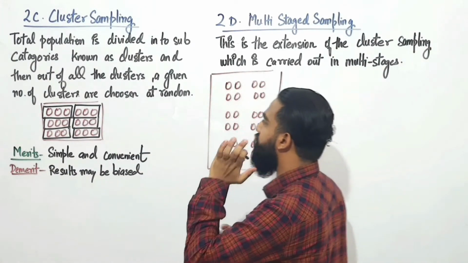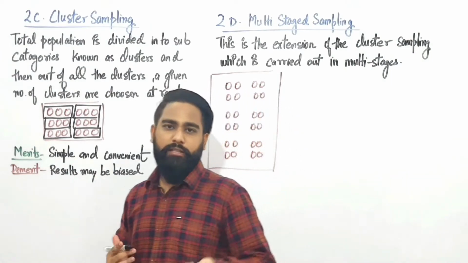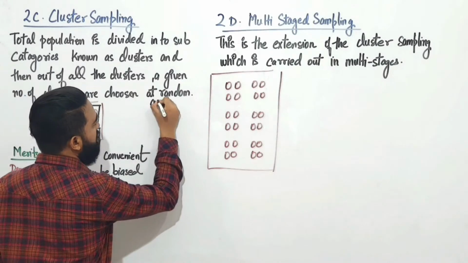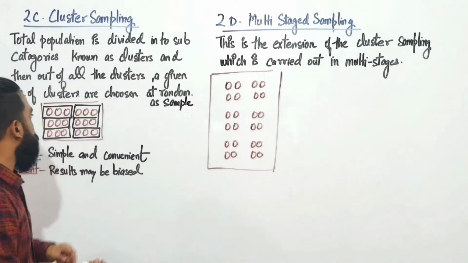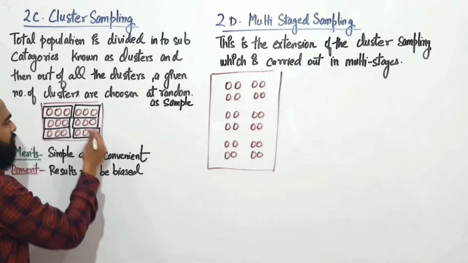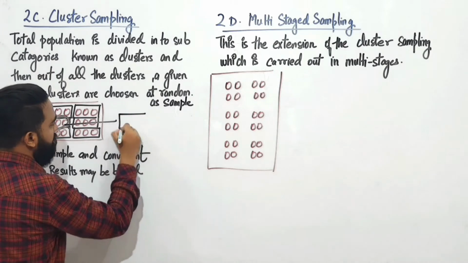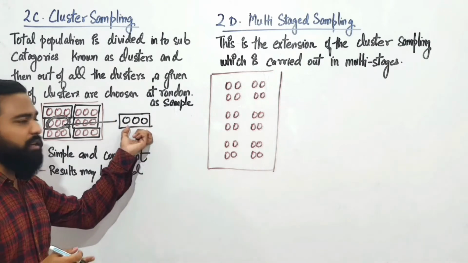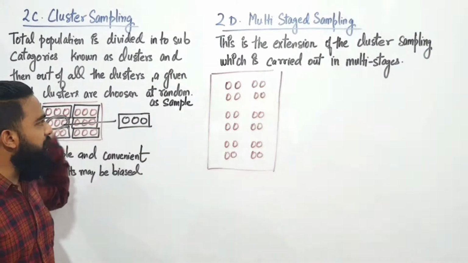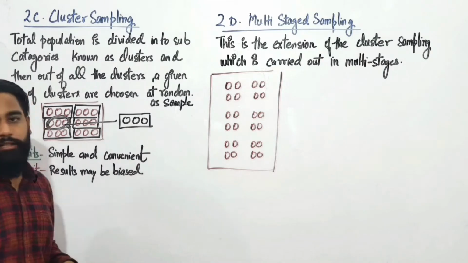Now, a given number of clusters are chosen at random as the sample. The whole cluster, suppose any random one, suppose this one I have selected as the sample. This cluster is selected as the sample, which I have selected randomly. So this is your cluster sampling.